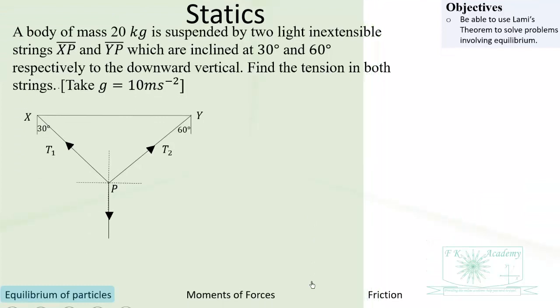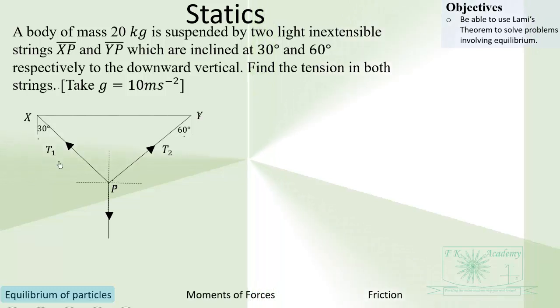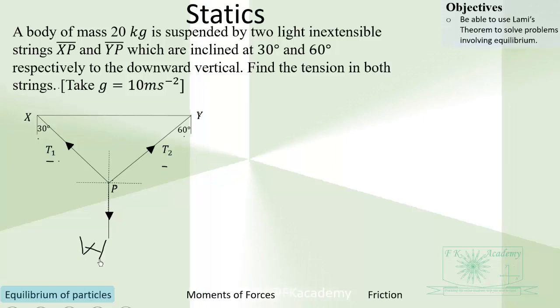We see the inclination to the downward vertical, 30 degrees and 60 degrees, from points X and Y. We can see the strings XP and YP, and the tensions, which are the forces in the strings, T1 and T2. Then we have the weight here, which is the third force. So we have three forces in equilibrium.